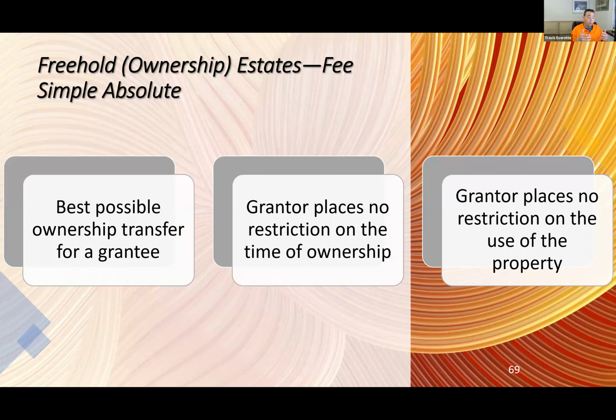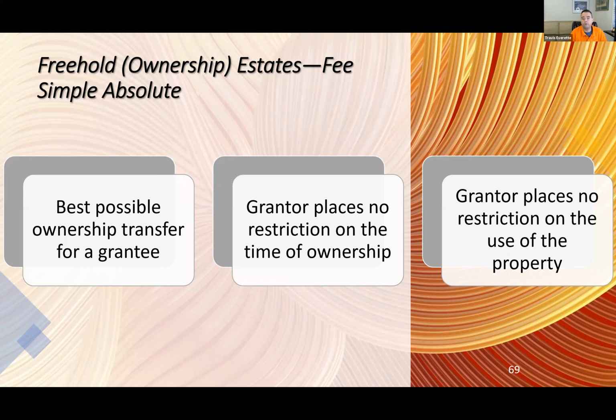Well, when we do those transfers of ownership, we mentioned that the grantor has a choice to make. The choice the grantor has to make is, am I going to limit what this grantee can do with the property, or am I going to limit how long this grantee is going to own the property, or am I going to not limit what this grantee does at all?